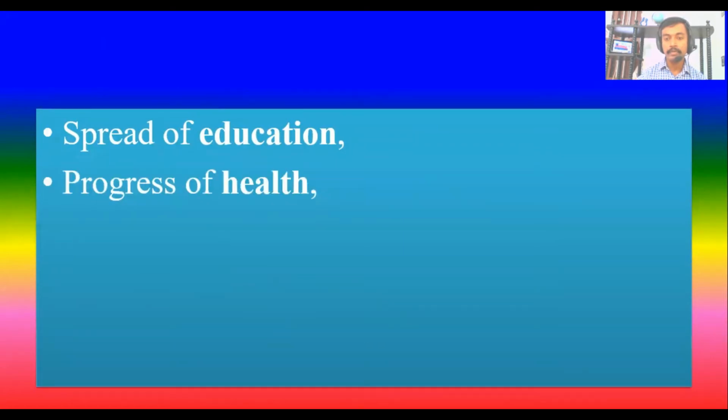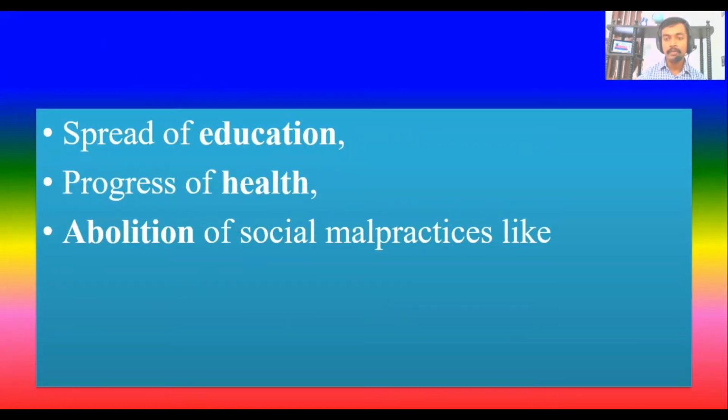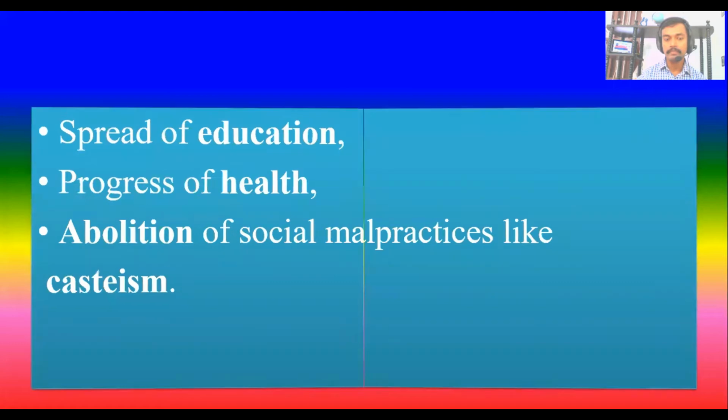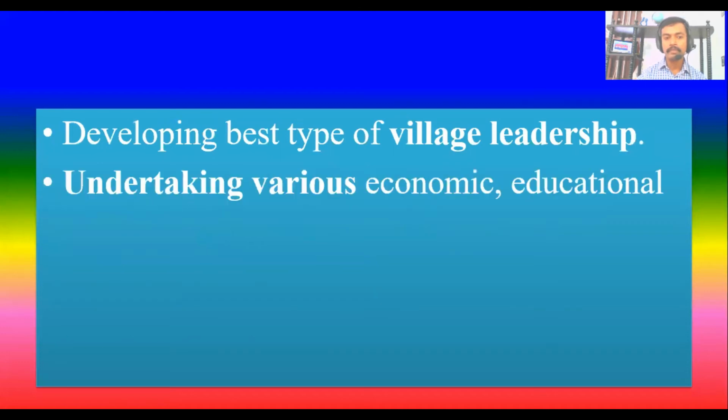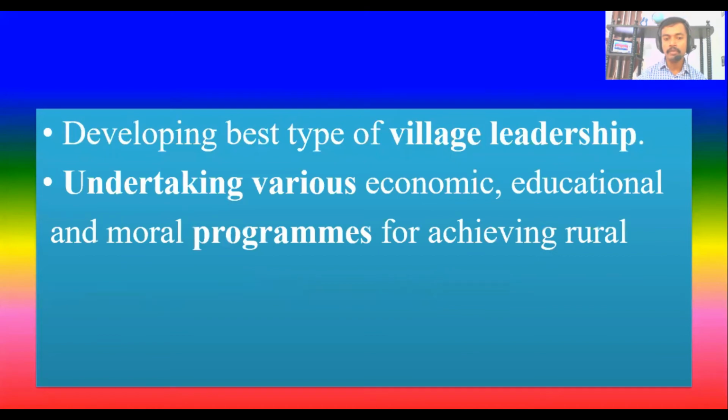Progress of health through primary health centers. Abolition of social malpractices like casteism. Then developing the best type of village leadership, undertaking various economic, educational and moral programs for achieving rural reconstruction.